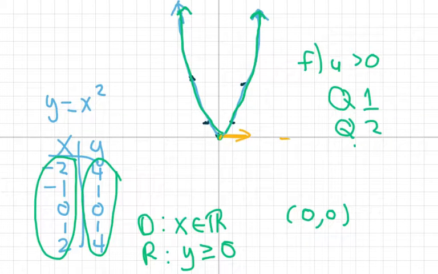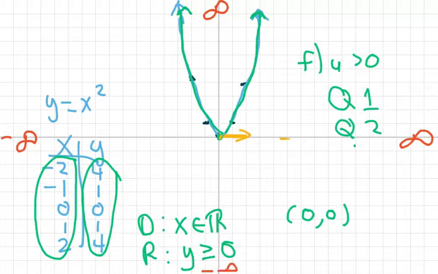Okay, now we're going to discuss increasing in what interval and decreasing in what interval. What you're looking at is the end behavior. We know that as x goes to infinity, y goes to big numbers, larger and larger numbers.